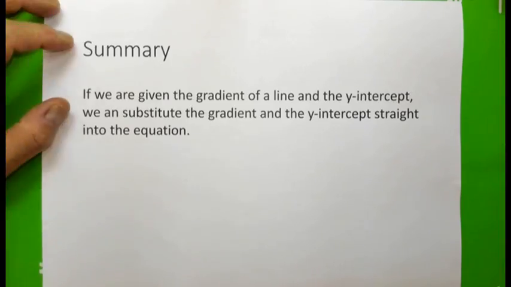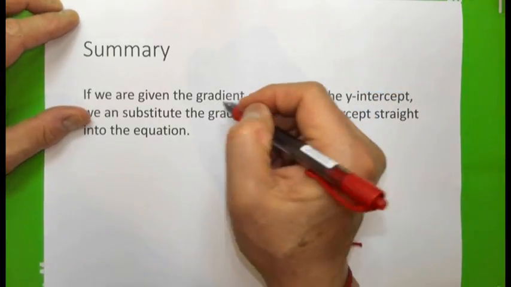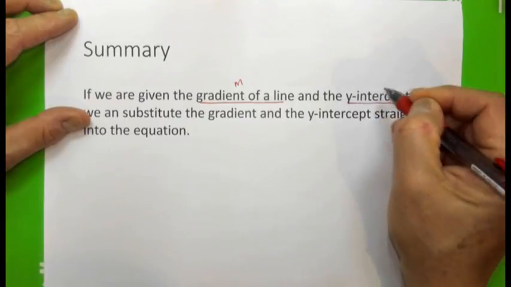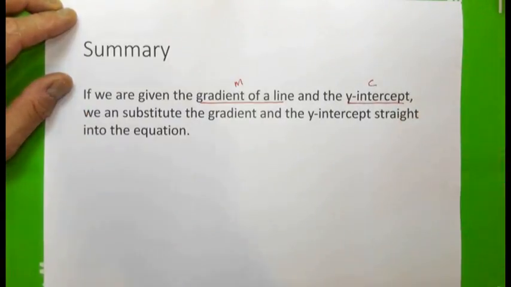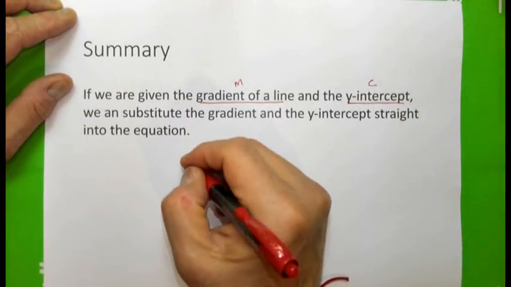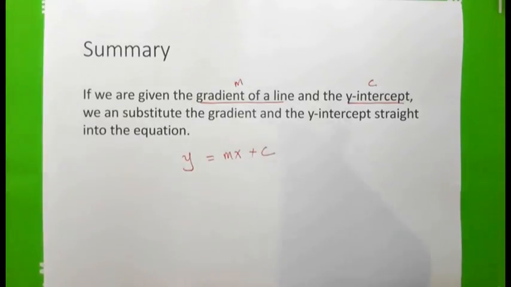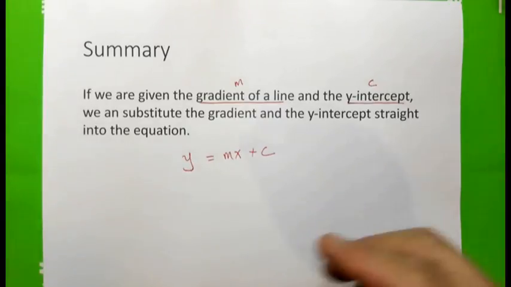Alright, as a summary, if you're given the gradient of the line, m, and the y-intercept, c, we substitute the gradient and the y-intercept straight into the general equation of y equals mx plus c. It is fairly straightforward.